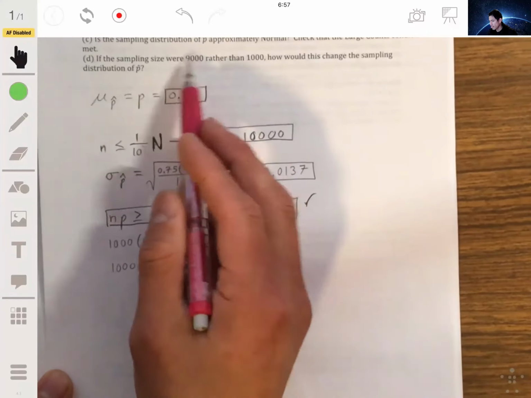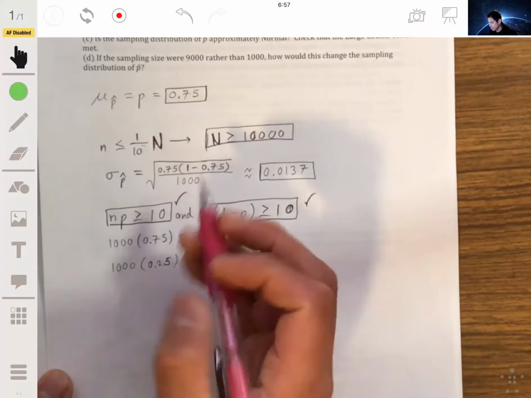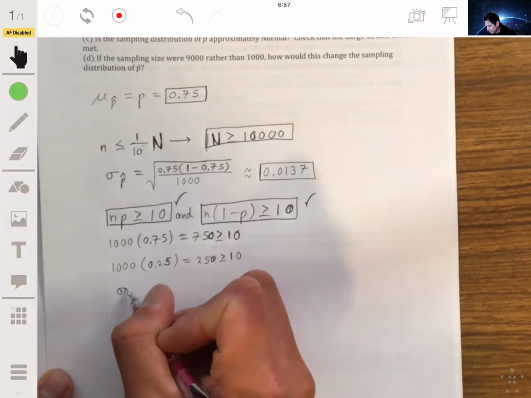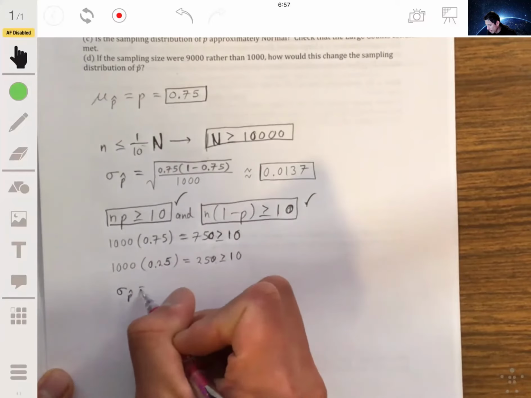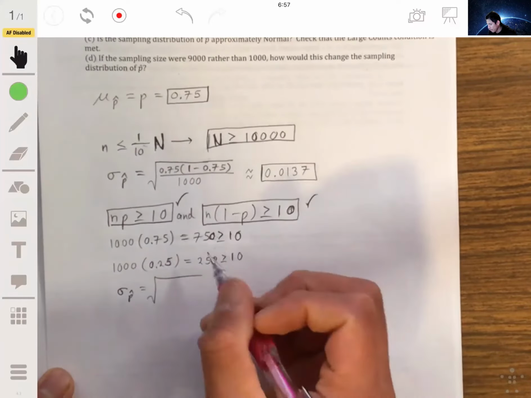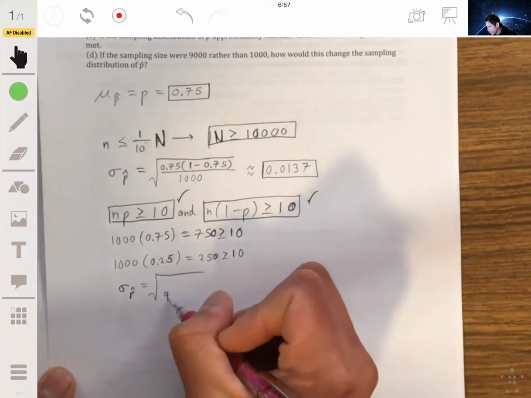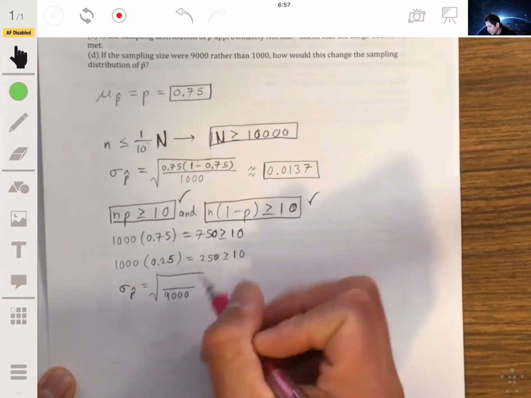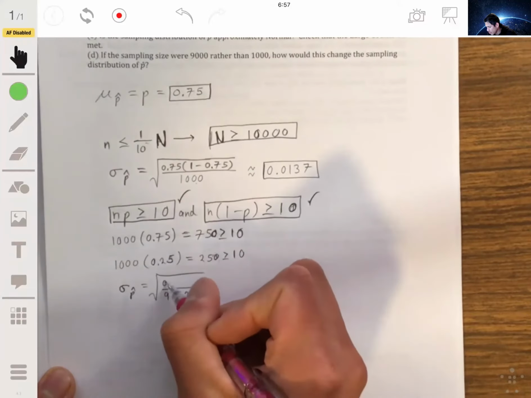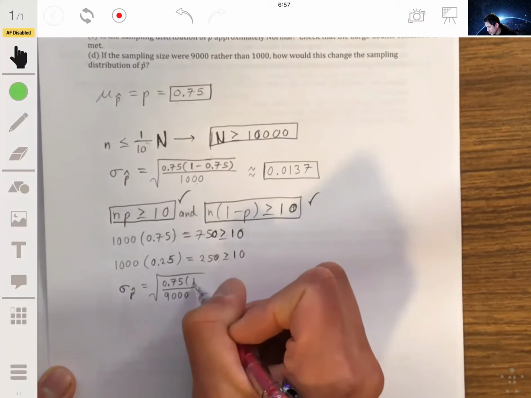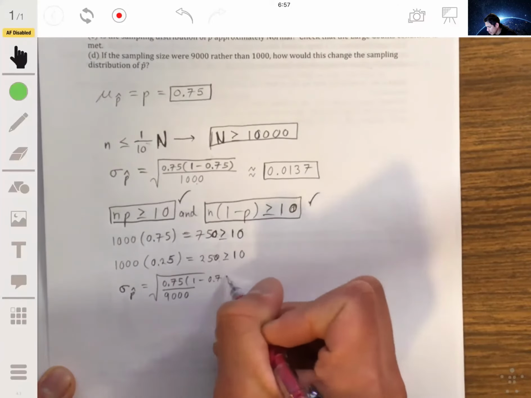So we would simply adjust our formula so that we would have 9,000 instead of 1,000 in the denominator. The proportion would still be the same. So 0.75 times 1 minus 0.75.